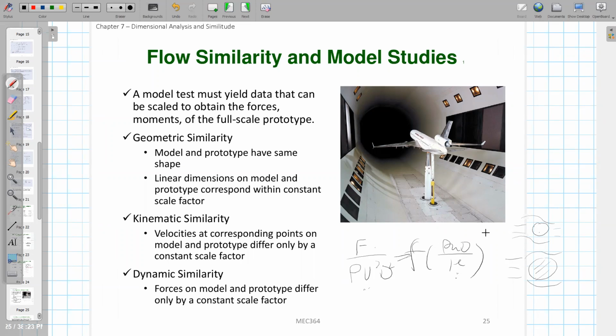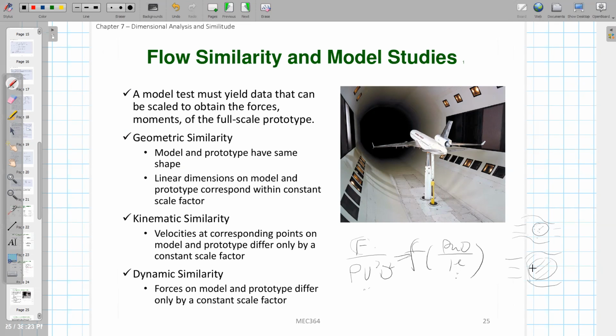Then if I know the solution for one, I just calculate the dimensionless force from the data I measured, and scale it with rho v squared for the other problem to get the drag force for that problem.